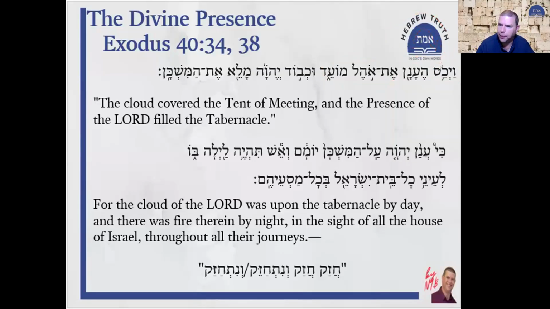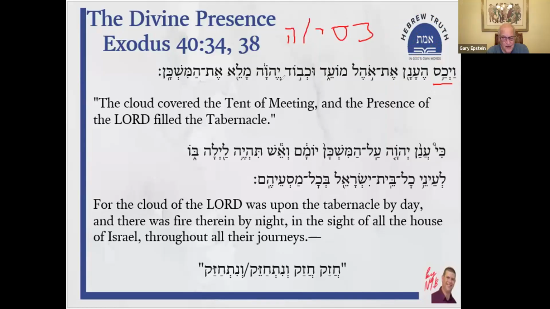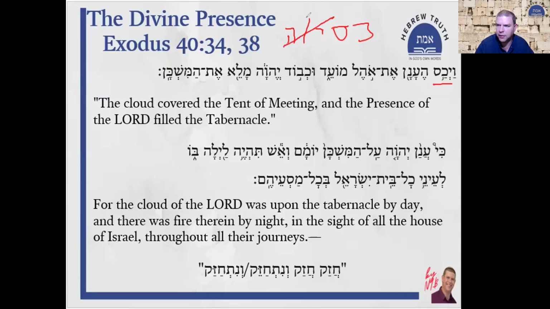We can talk about the root of Vayekhas being kaf samech and yod or hey. Again, we've talked about that with kaf lamed hey, which we had in the previous slide. With the shorter form, the Vayekhas form takes the apocopated, shorter form. So we don't see the third root letter.